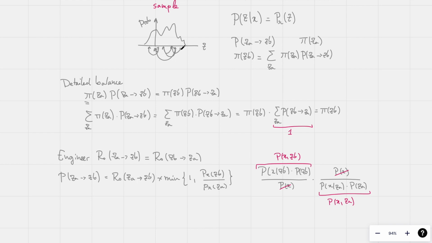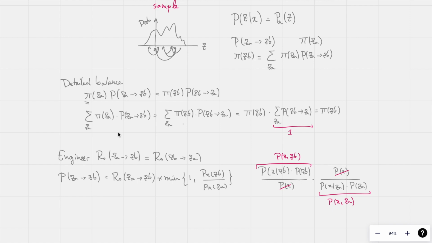What we need to check now is that this is indeed a distribution that will have as a stationary distribution P(x, Z). So to do this, we're going to show that that particular process that we have engineered here satisfies the detailed balance condition with pi here replaced by the posterior distribution P(x, Z).